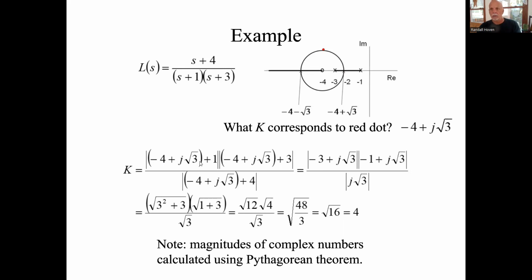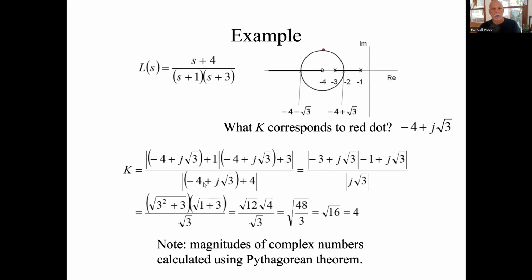Combine the real parts and the imaginary parts for each thing you're taking a magnitude of. Here you have -4 plus 1, which is -3, and the imaginary part is still j square root of 3. Here you have -4 plus 3, which is -1, plus j square root of 3.